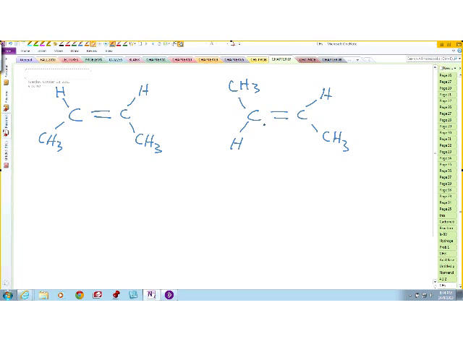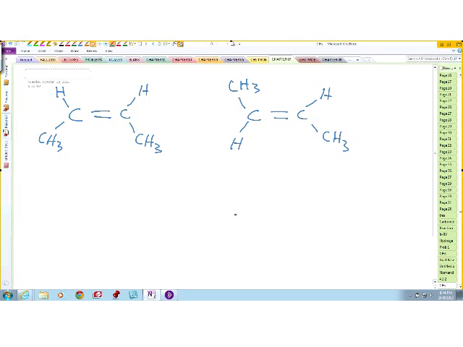Now you can see here the carbon-carbon double bond is very rigid. We cannot rotate the carbon-carbon double bond, right? So that gives rise to what we call cis-trans diastereomers.